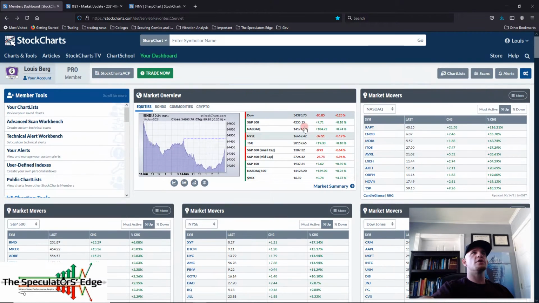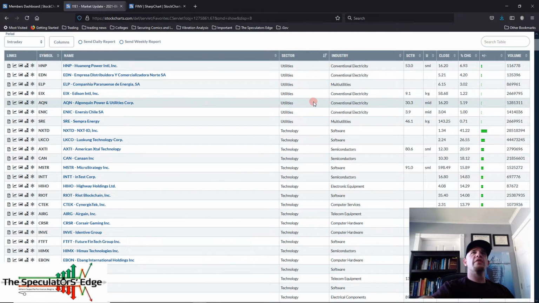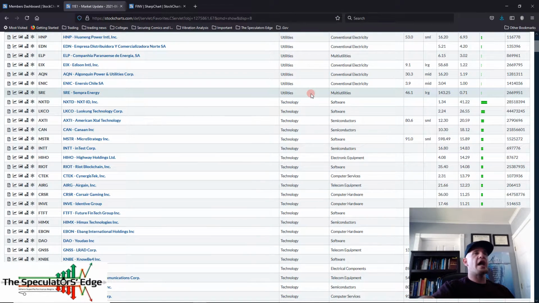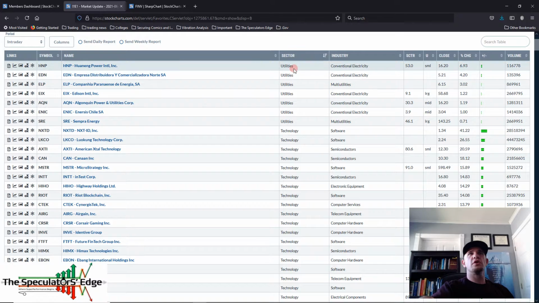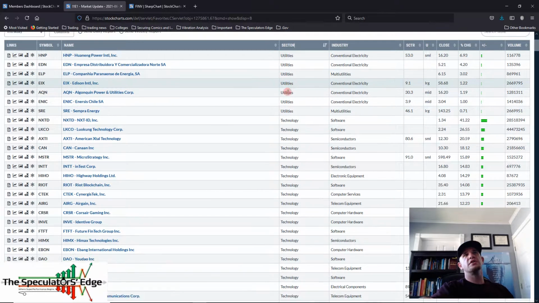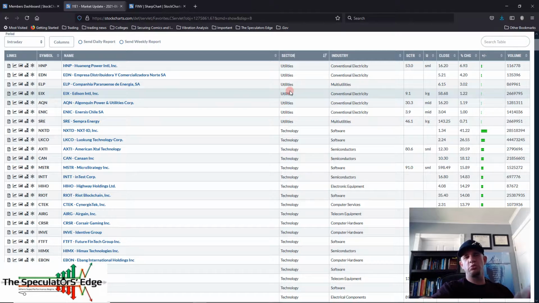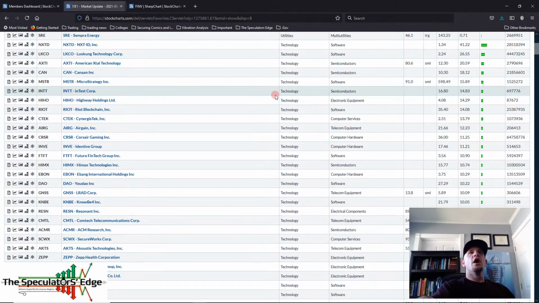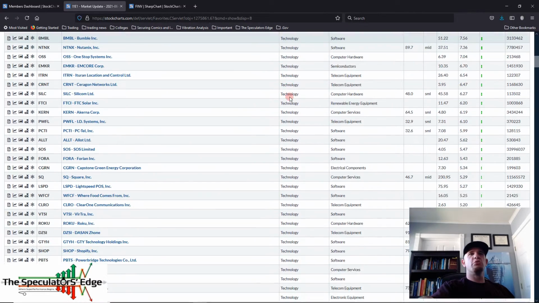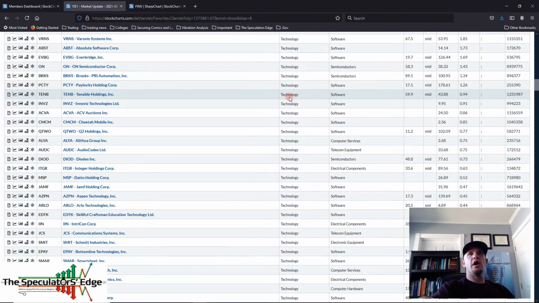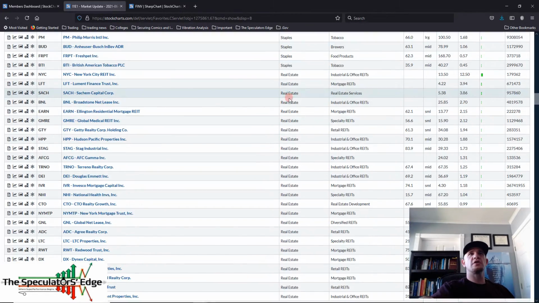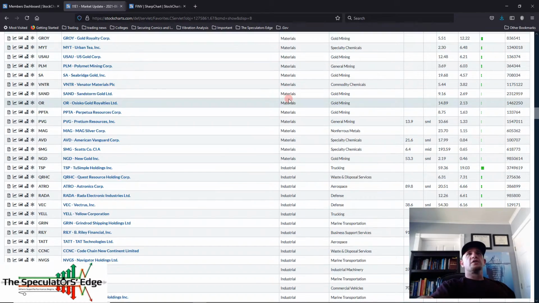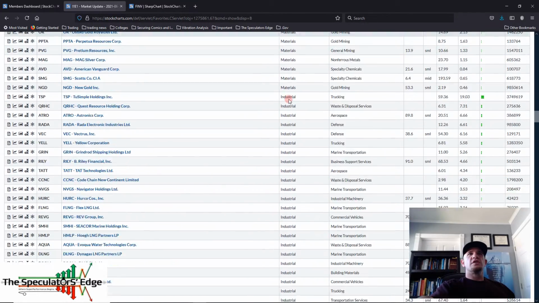Let's go over the sector rotation, where we have some money pouring into. We do have some utilities coming into play here. Nothing fantastic, not like what I've seen before, like in 2018, but they're starting to come back a little bit, so people are getting a little cautious here. We do have technology still being a beast, still rotation into this sector. A little bit of rotation in real estate.